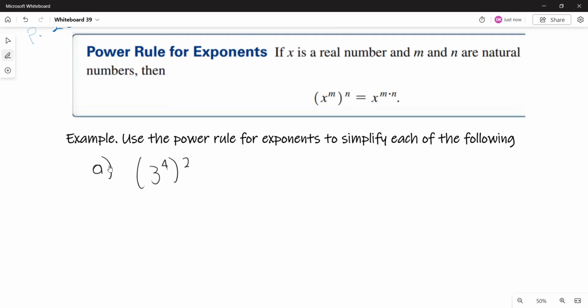By the power rule, this is 3 to the 4 times 2, which is 3 to the 8th power. And 3 to the 8th power, if you evaluate on a calculator, is 6,561.